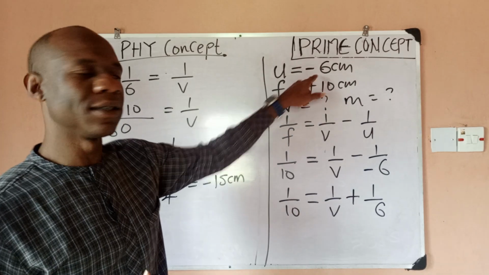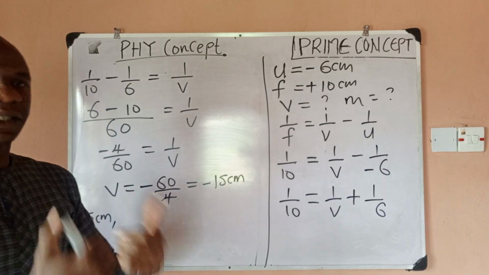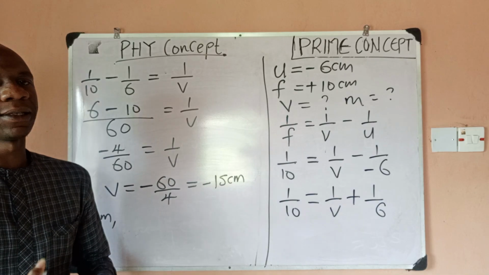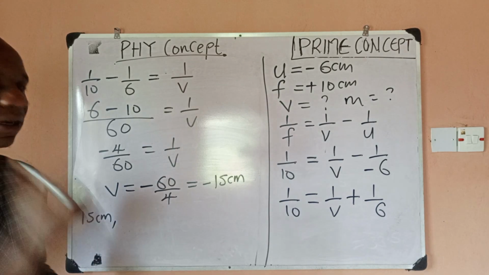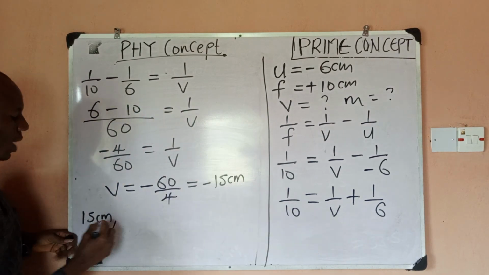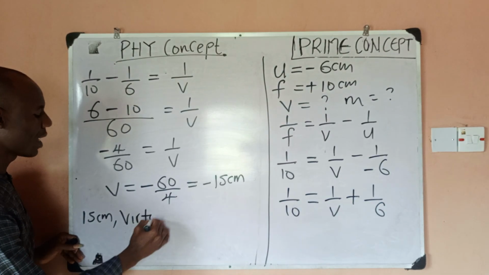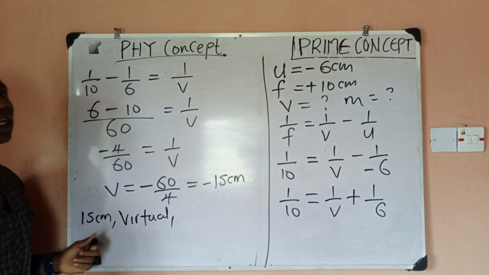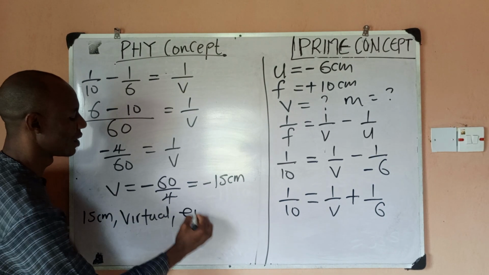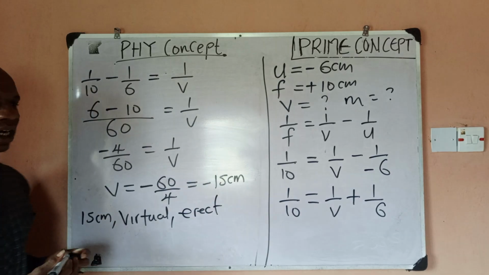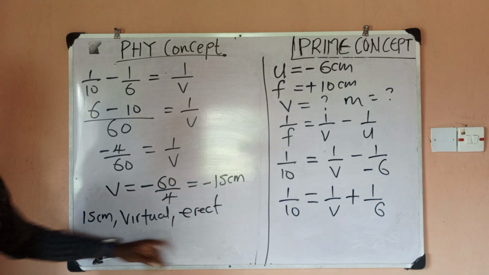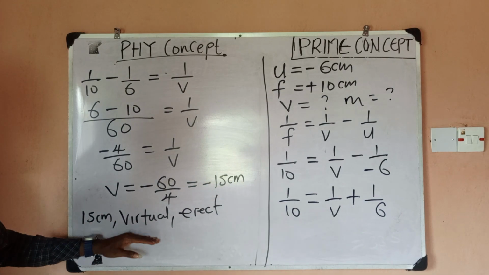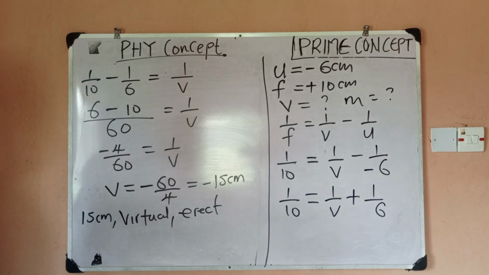Our object is negative. So if the image is negative, it means the image is also on the same side as our object. Therefore, the image is going to be virtual, and once you have a virtual image, automatically it should be erect, or you say upright. So this is how your answer would be: 15 cm, virtual, and erect.